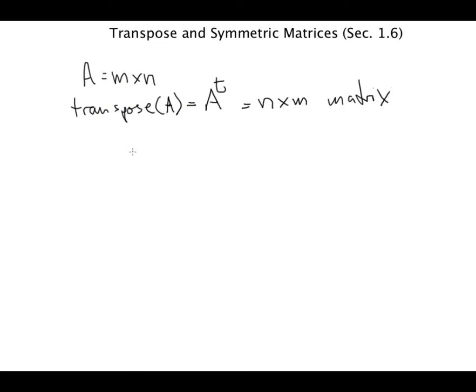And the way we obtain it is we switch the rows and the columns. Another way to say it is you flip the matrix around the diagonal.